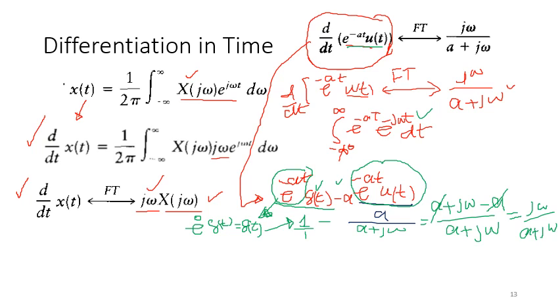That's a causal, exponentially decaying signal. If I take the derivative, it's straight away multiplication by j omega in the frequency domain. So for the derivative I say j omega over this. That's a quite straightforward method. You can use any, but when you exploit the properties, you can do it very quickly and very easily.